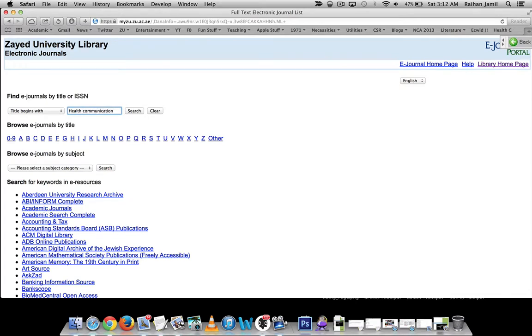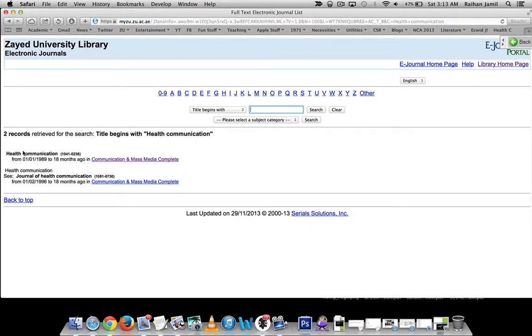So I'm not going to use the one for our class, but let's say I'm using this journal. Let's see if the library has it. I see that this journal is available in the library under this link.